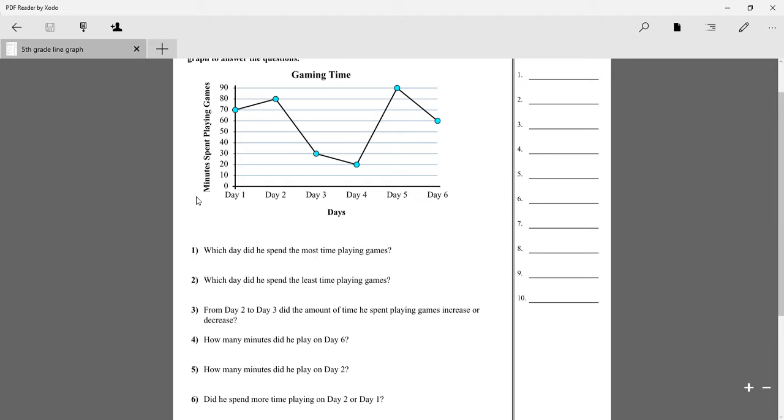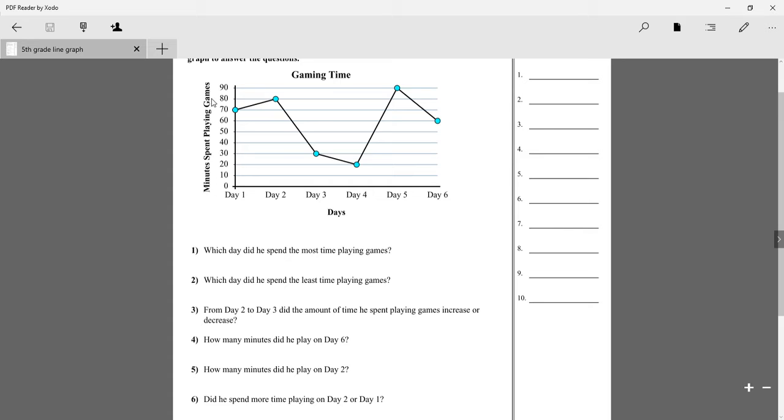Each point is day 1, day 2, day 3, day 4, day 5, day 6. These all represent one specific day and how many minutes were spent playing video games that day for a particular child.